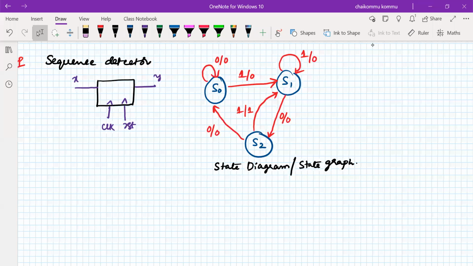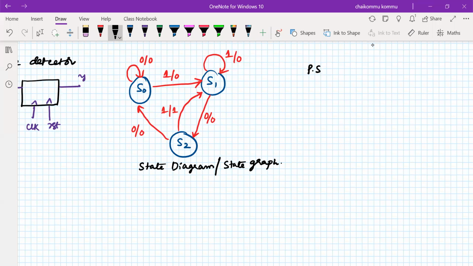We have a present state here, and we have to write the next state and output Y. If you are in the S0 position, it depends upon X, whether X is equal to 0 or X is equal to 1. So from the state diagram, you can easily identify this.